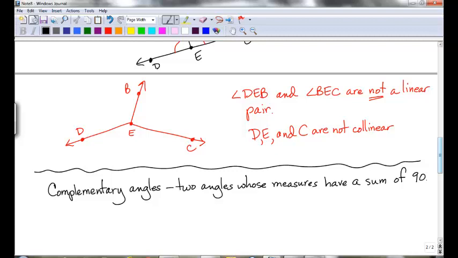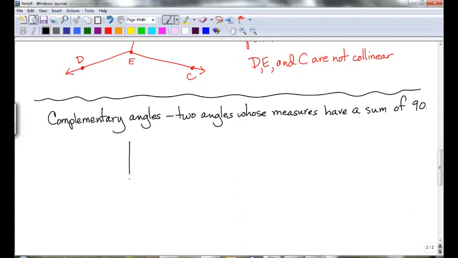If you put the two as adjacent angles, say this is angle 1 and this is angle 2, they always add up to 90. Angle 1 and angle 2 are complementary.